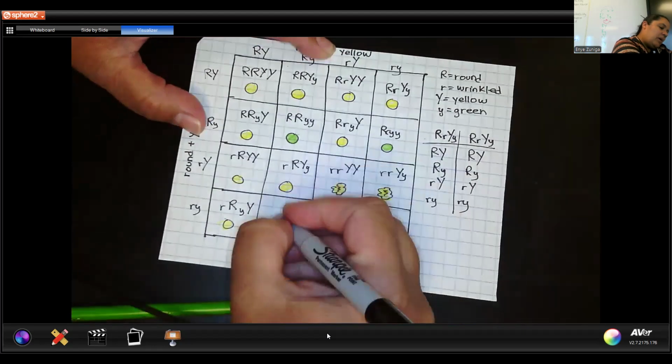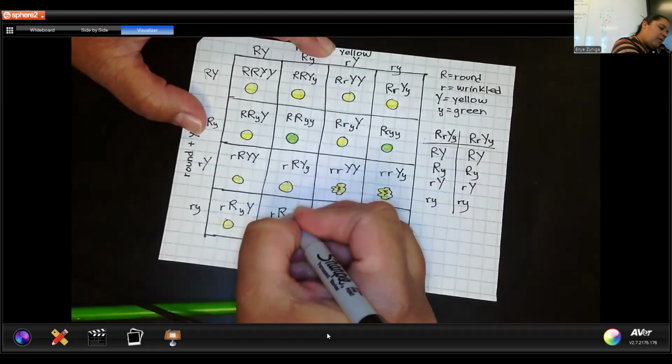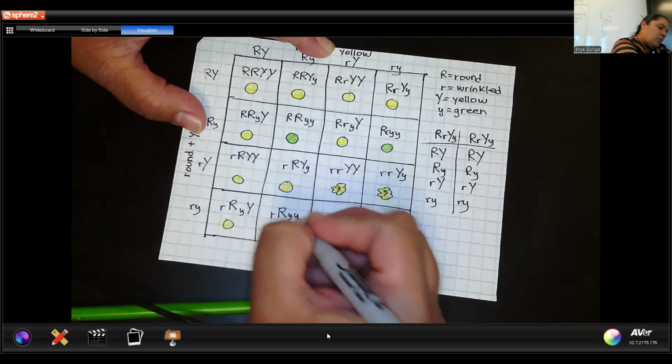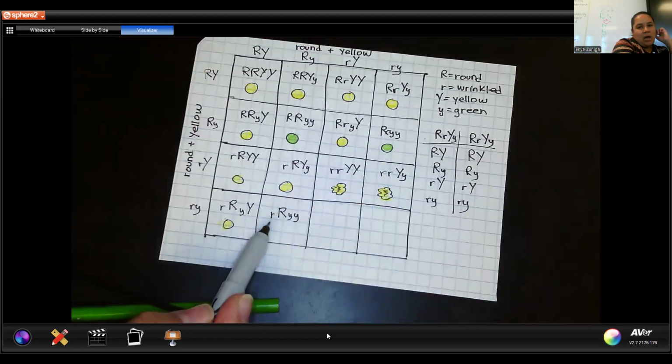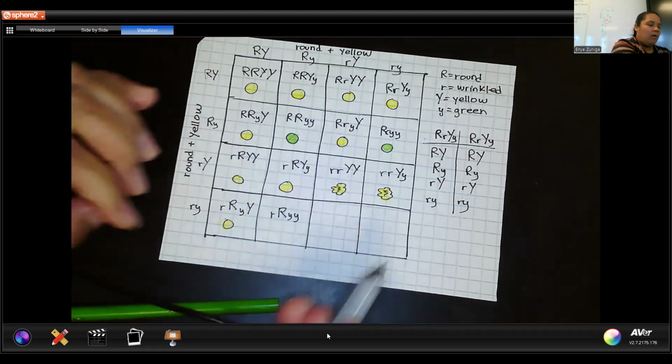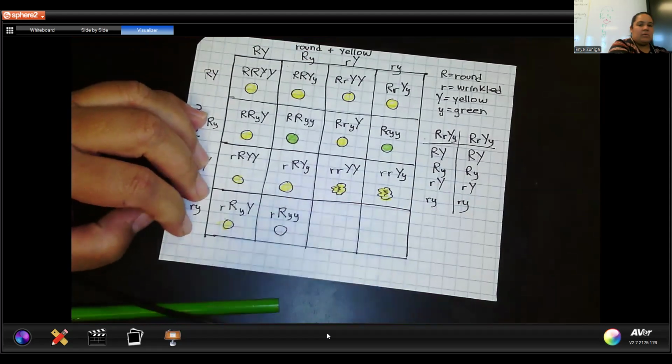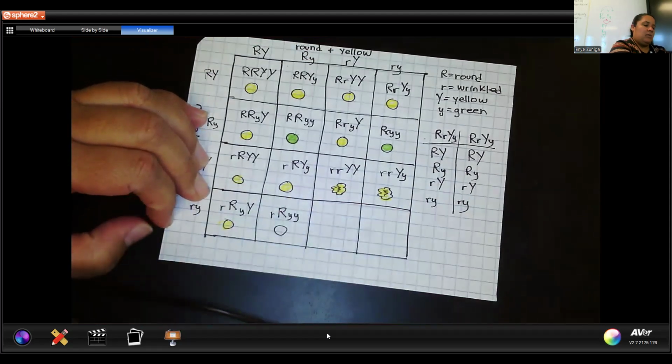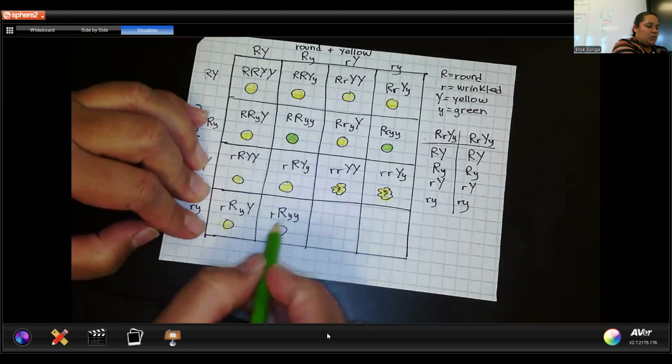And the next one, we have lower r, lower y, lower y. So this is round because it has at least one capital R, but it's not yellow. This is a green seed because we have both recessive traits.